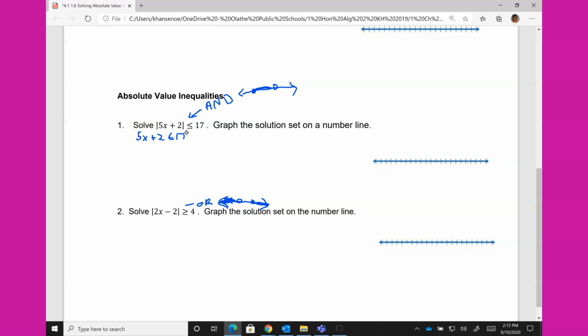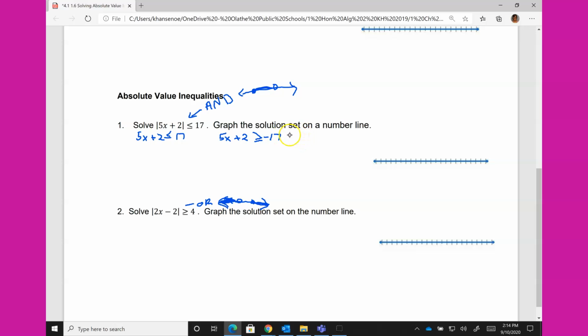Okay? All right. That is a little hard to read, so I'm going to erase that. Then my second one, the front part is going to stay the same. I have to flip my inequality and change the sign.